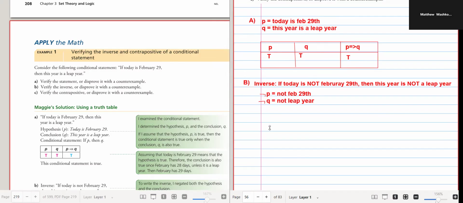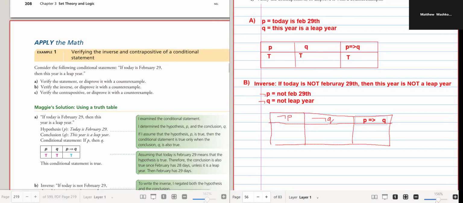So if we draw our little table again here, I'll just freehand this now because we're getting lazy. If I have the inverse of P, the inverse of Q, and then verifying whether or not the inverse of P does in fact lead to the inverse of Q. Is this true?